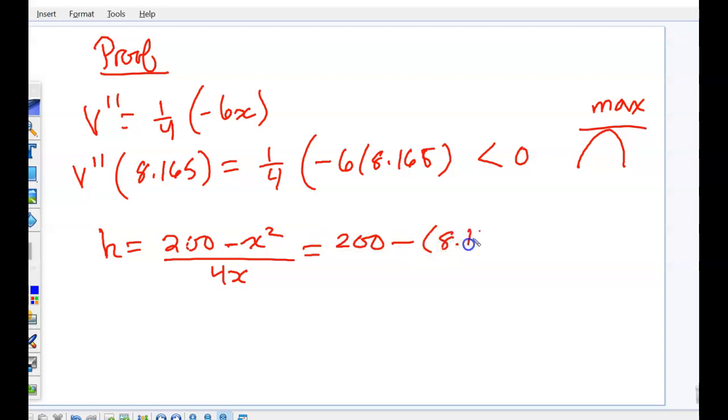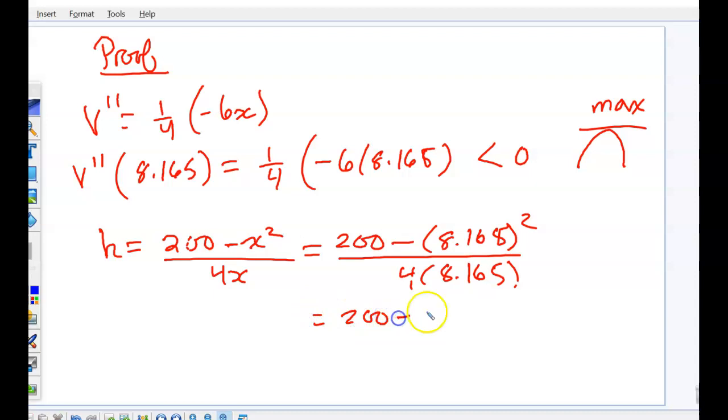So 200 minus 8.165 squared all over 4 times 8.165. If I work this out, this is going to end up being 200 minus 66.667 all over 4 times 8.165, which is 32.660.